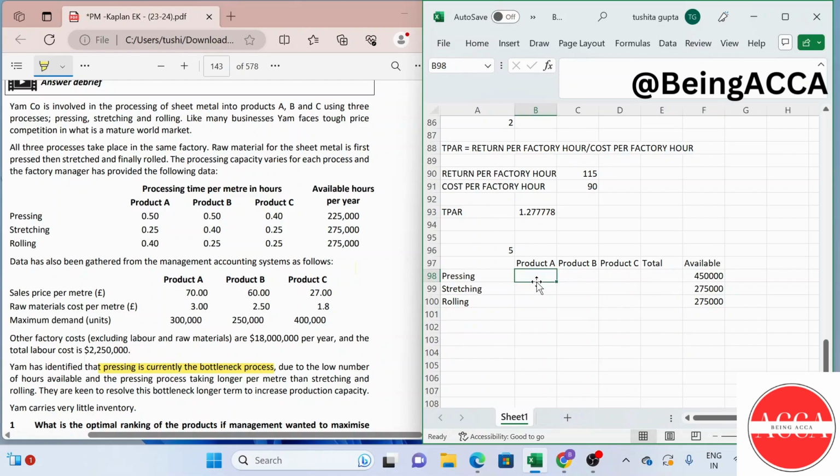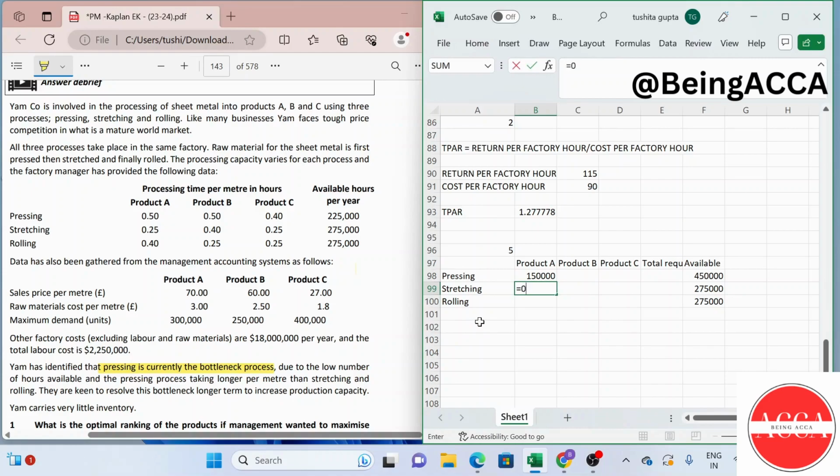Now I will see that to fulfill my maximum demand, what is the total number of hours that I'm going to require. So this will tell me the total required, and then I will compare it with the available one to find out my bottleneck. For product A requires 0.5 of pressing, and the maximum demand is 300,000. So this will come out to be 150,000.